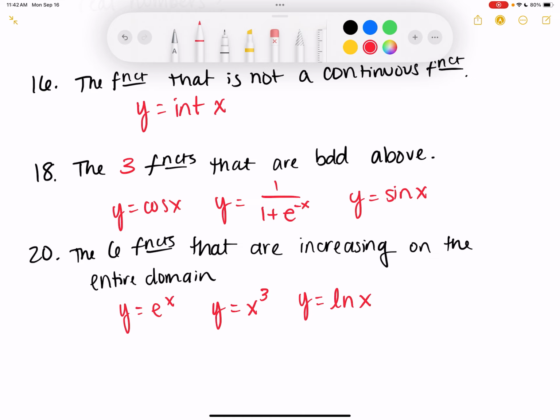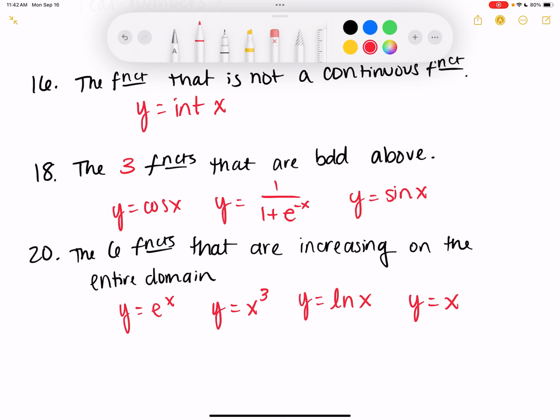Y equals x squared. Nope. That has a point where it's decreasing because it's a parabola. Y equals x. Two more. And it doesn't have to start like in the negatives.